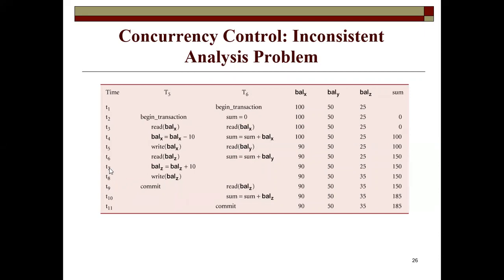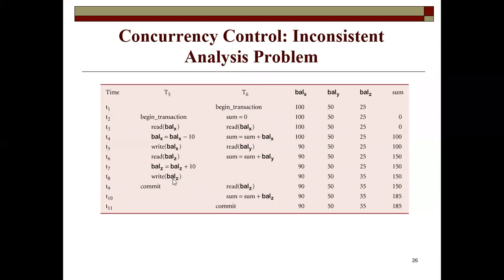At T7, we make an update to the balance of Z. Remember, we read it as 25, and here we are adding 10, so we make that computation for the value, but no changes have been made, so we have 90, 50, and 25 for the respective accounts X, Y, and Z, plus the summation still holds at 150.